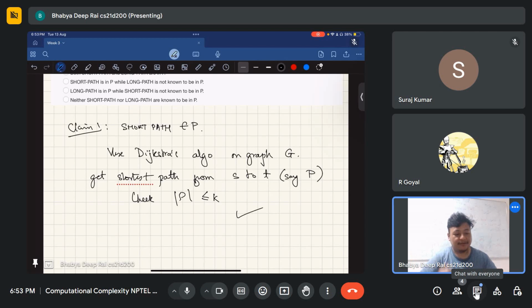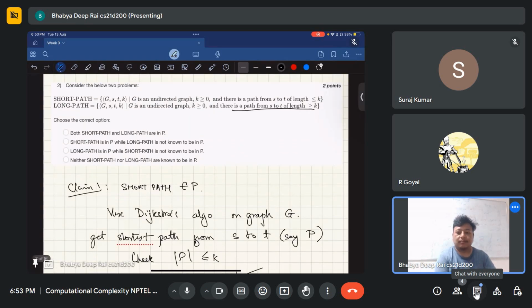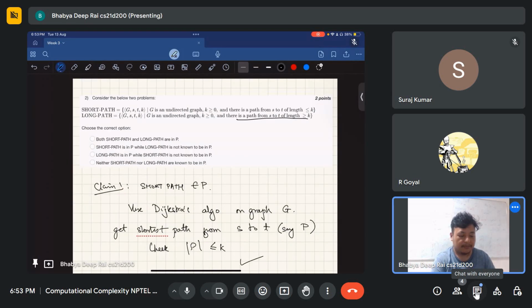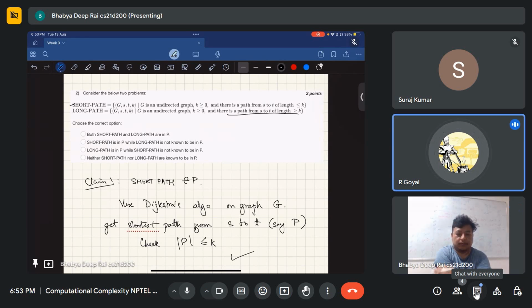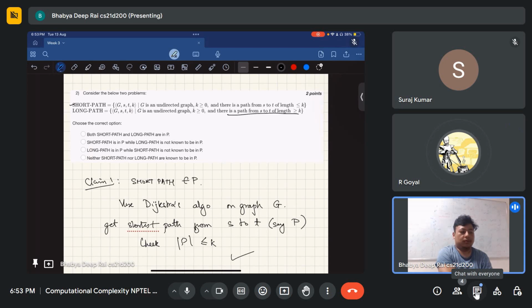Output yes, or else output no. So short path is in P. So the other way around: any idea?